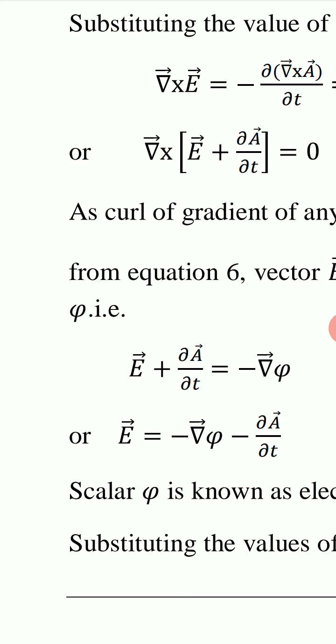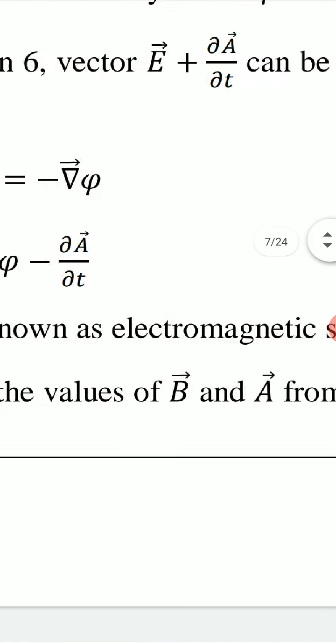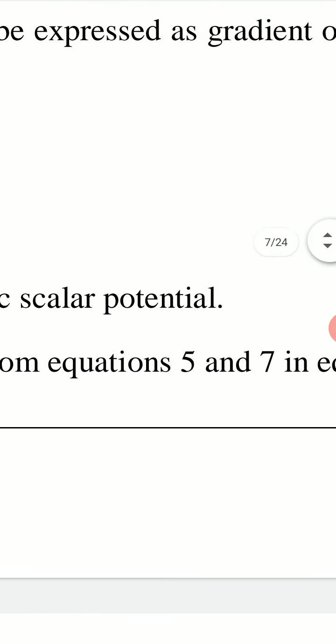So E plus ∂A upon ∂t is equal to minus del φ, or E vector now becomes equal to minus del φ minus ∂A upon ∂t. Scalar φ is known as electromagnetic scalar potential.